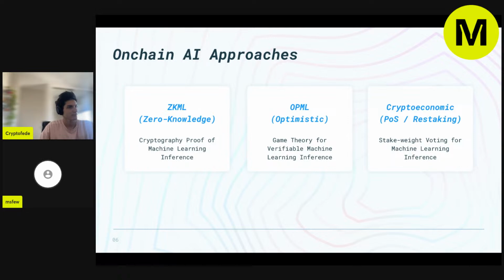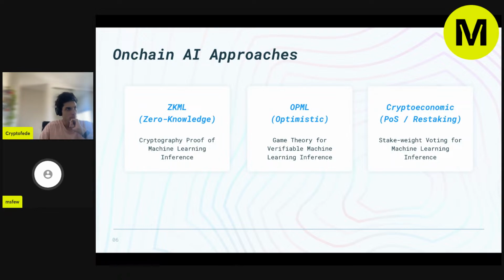But this is not the most decentralized, or the most verifiable way to enable on-chain AI, because when you have a large number of validators, the cost of verifying all the signatures on chain is still not that efficient, and also the decentralization level of this crypto-economic network is based on the number of nodes.